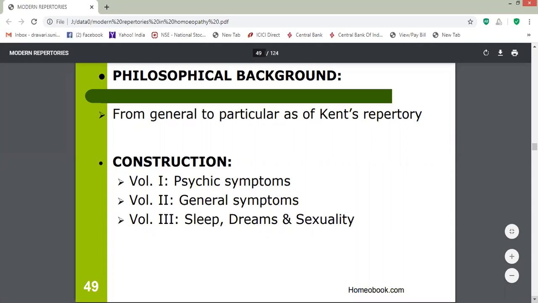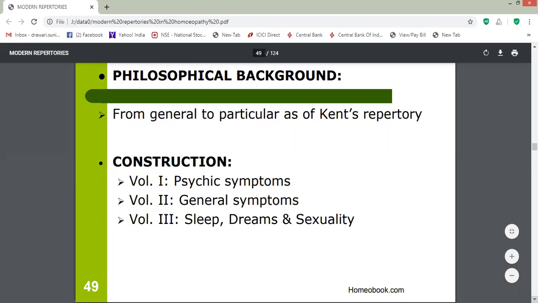All the volumes start first with a preface, then introduction, then bibliography, and then remedies and their abbreviations.